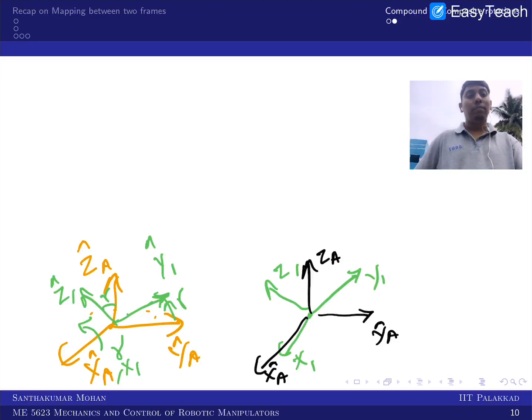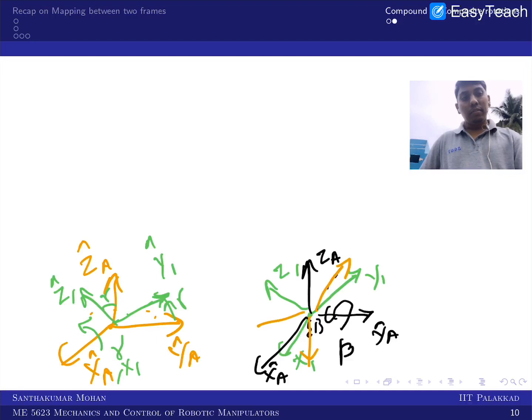The second operation, I am rotating with respect to this, which I call beta. So now the frame 1, with x1, y1 and z1, is rotated about the YA axis. In the sense these all will get changed. So I assume that this is what is happening.